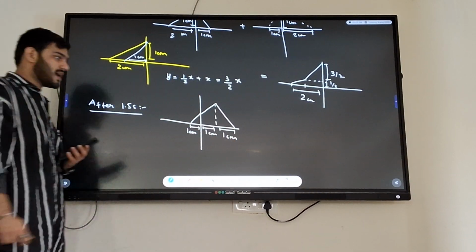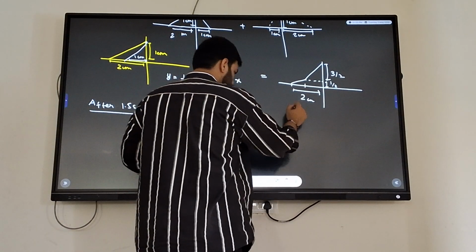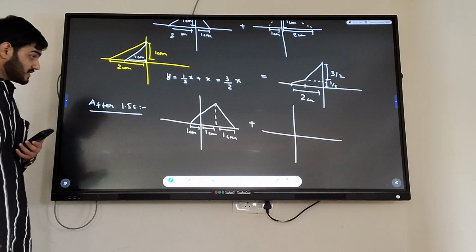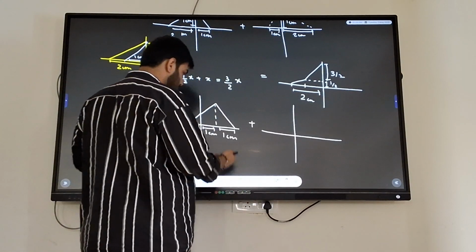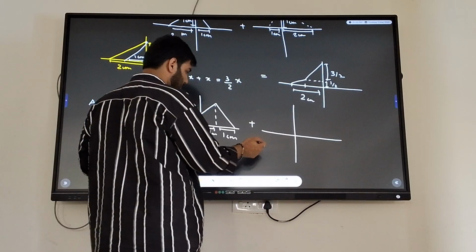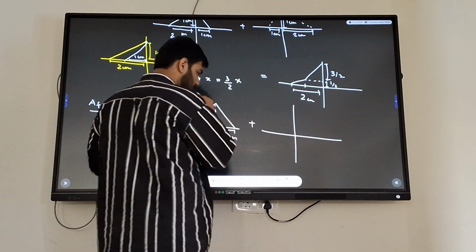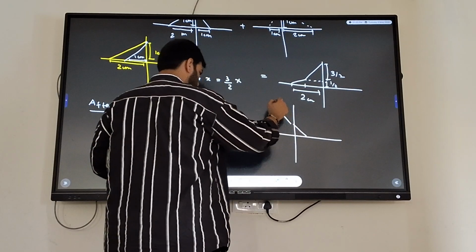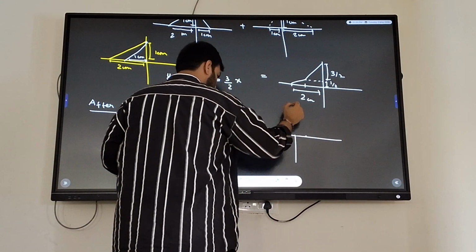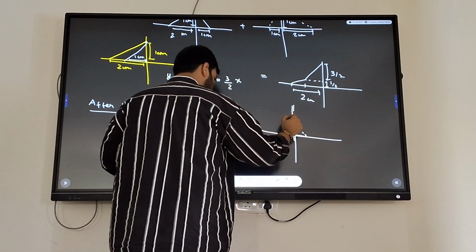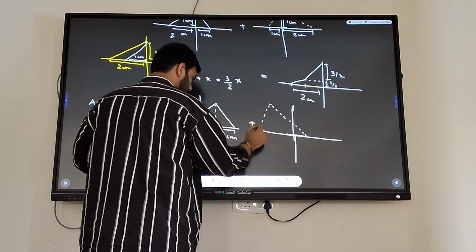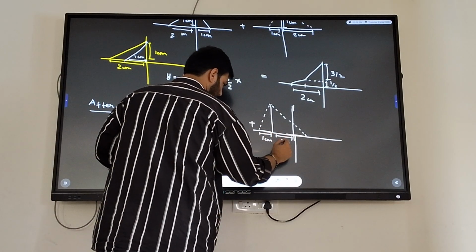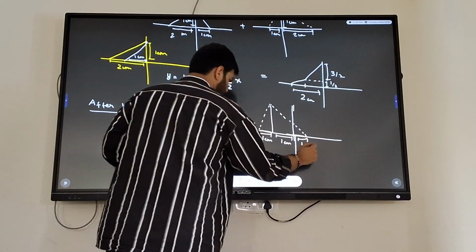And now I have to add it with what? With the other wave. And how is the other wave going? Now tell me that. 2 centimeter this side, 1 centimeter that side. So how should it look? Sir, mirror image of this. Will it be a mirror image? Yes. It should be dotted. So this is 1 centimeter, this is 1 centimeter, this is 1 centimeter.